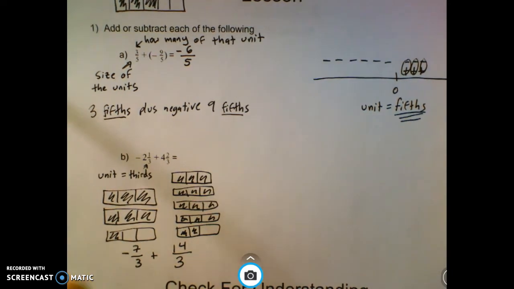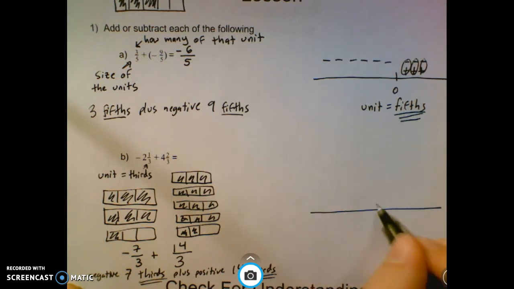And if we want to, we can write that out. So we can say I have -7 thirds plus +14 thirds. And I can see that I'm adding the same thing. My unit is thirds.